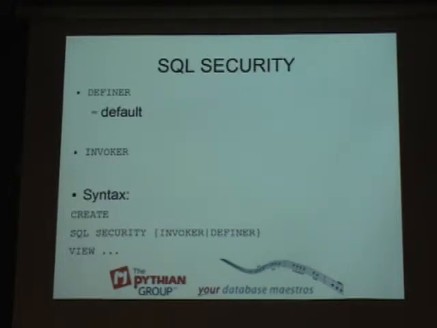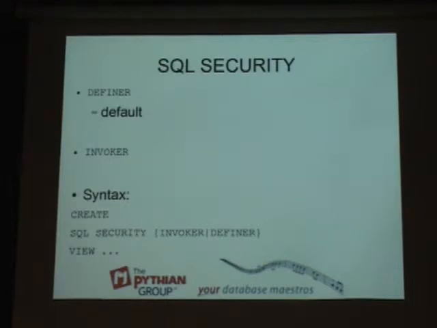So if I want to limit access to Jacob, I would say SQL security definer, because I have the privileges to it, and Jacob wouldn't have access to the table, but because that view has my powers, he would actually be able to see that stuff. So that's how you get that security.